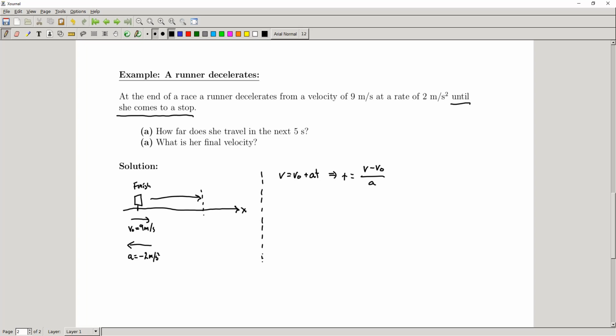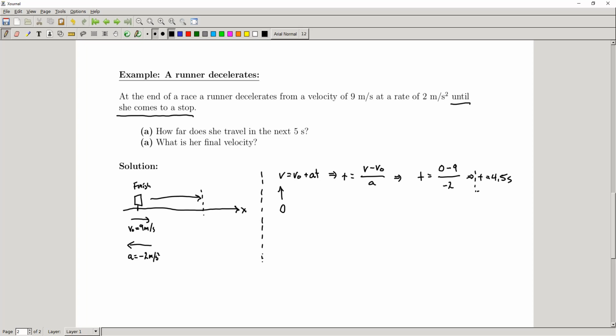And if we substitute numbers in now, we're interested in the time that she comes to a stop. So at that time, v will be 0. And so substituting in numbers, we have t equals 0 minus our v naught, which is 9, over the acceleration, which is minus 2. And this gives us a t of 4.5 seconds.